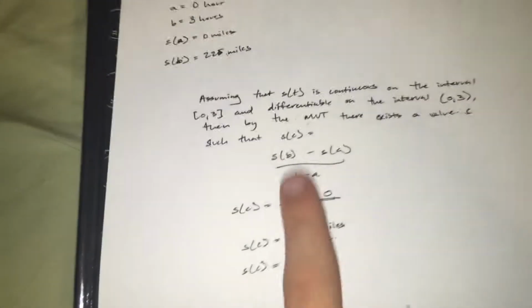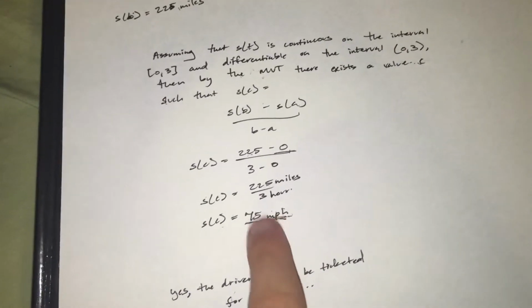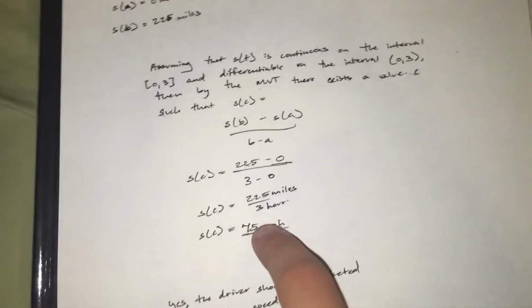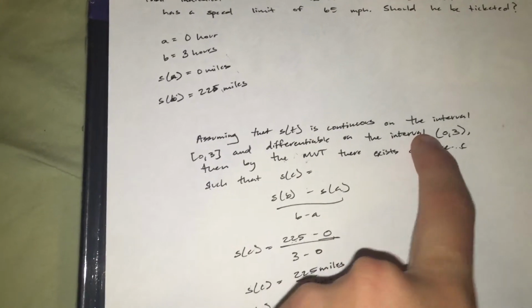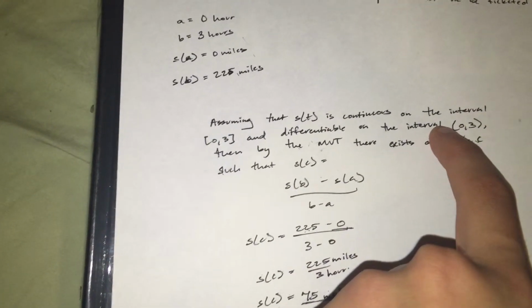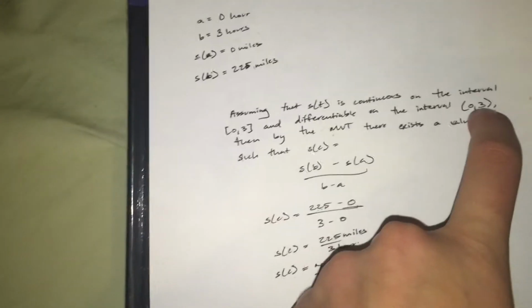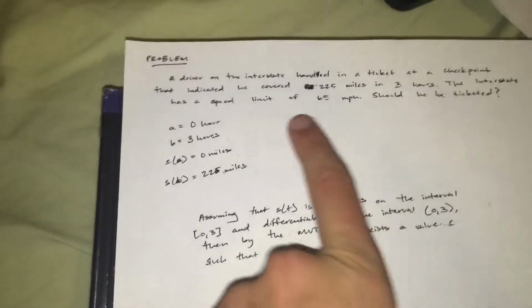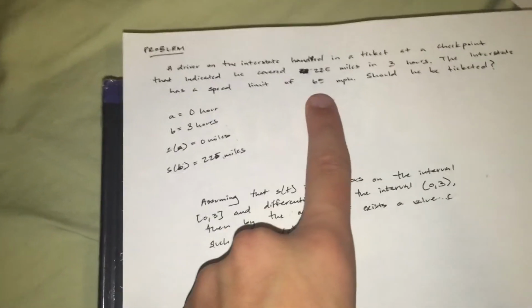Because according to the mean value theorem, which we've employed here, the driver was in fact going 75 miles per hour at point C between the interval A and B, which is between the time of 0 hours and the time of 3 hours, which is the total length of his travels on an interstate that had a speed limit of 65 miles per hour, justifying a ticket.